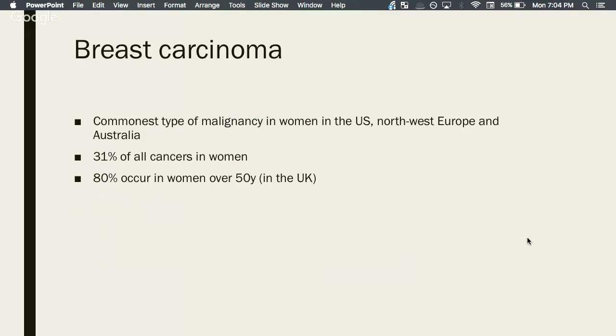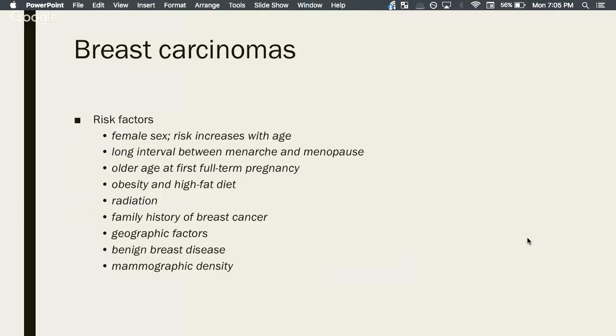In terms of carcinomas now, it's the commonest type of malignancy in most women. 80% occur over 50, so age is a risk factor. In terms of risk factors: being female, the older the higher risk, and a long interval between menarche and menopause.